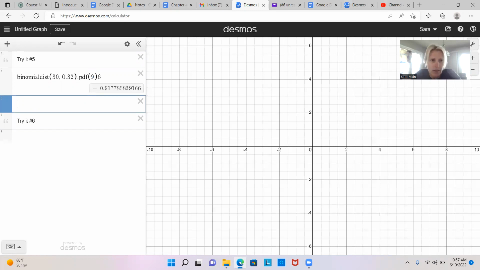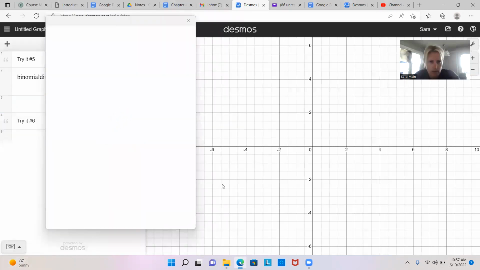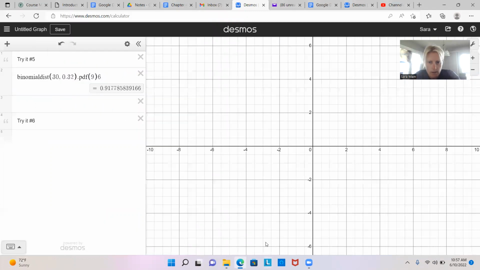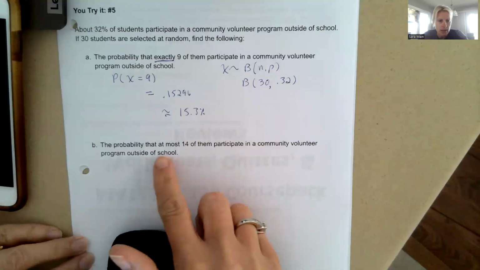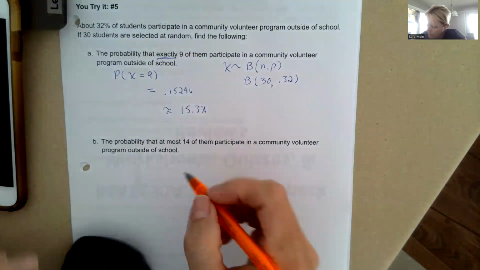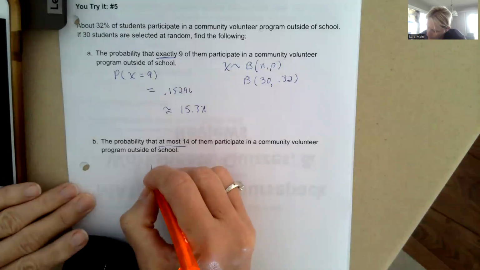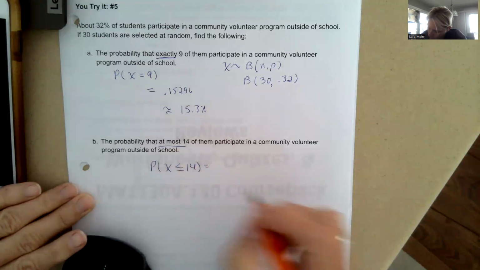Okay, now the second part to this problem says the probability that at most 14 of them participate in a community service. Let's go back to show my paper so you can see. So it says the probability that at most 14 of them participate in a community volunteer program outside of school. So at most 14 is the probability of X being less than or equal to 14.